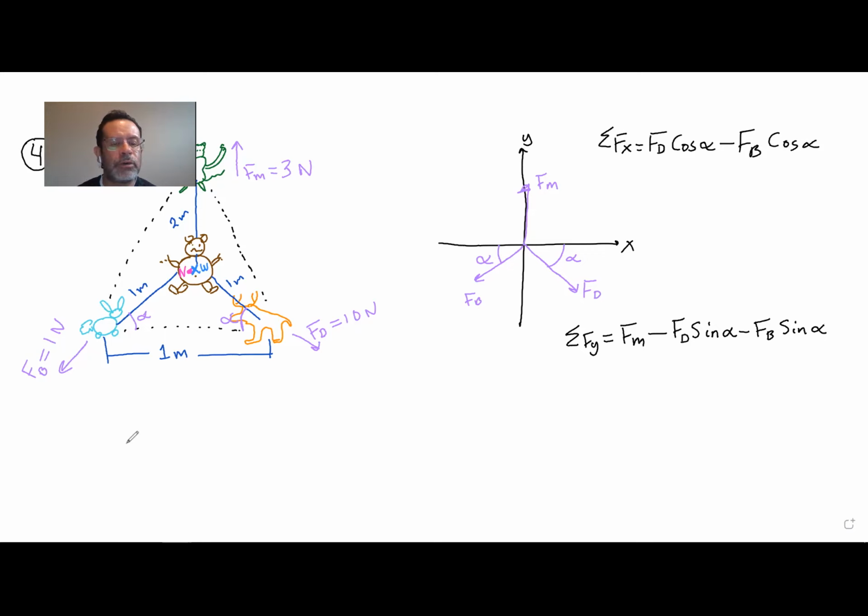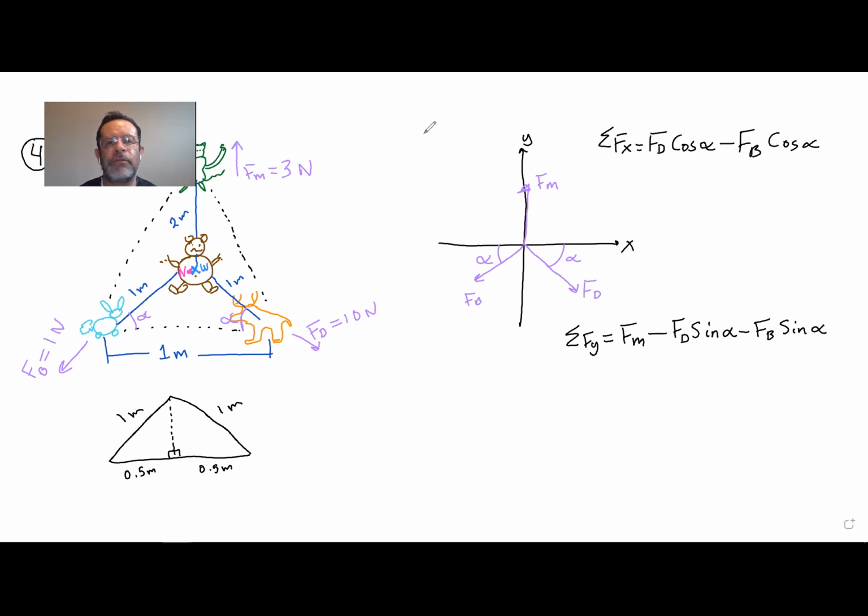Well, we can kind of do a zoom of this triangle that's being formed here. And we know that this is 1 meter, this is 1 meter. And if I draw a line dividing the triangle in the middle, then this is going to be 0.5 meters, and this is going to be 0.5 meters.